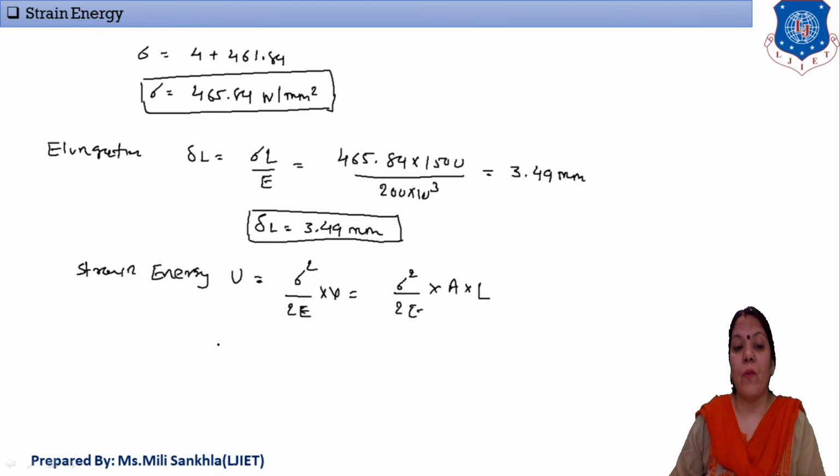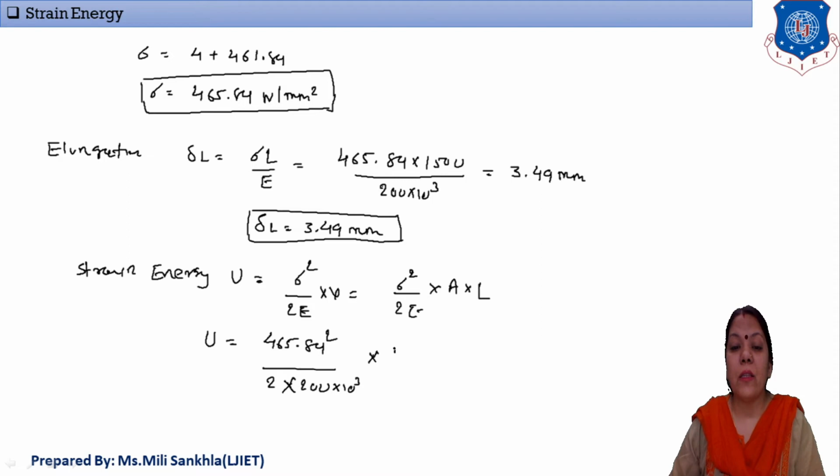Now one by one, U is equal to sigma we found, 465.89 square, and 2 into Young's modulus, 200 into 10 raised to 3, and area is given in the data, that is 25, and length is 1500.